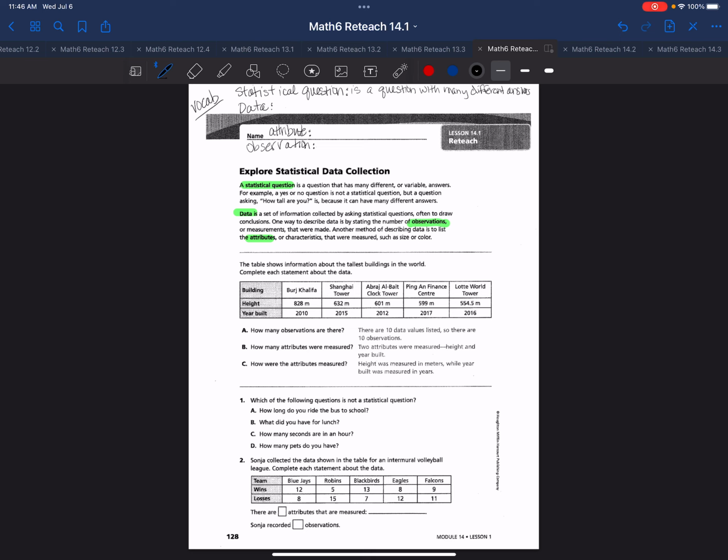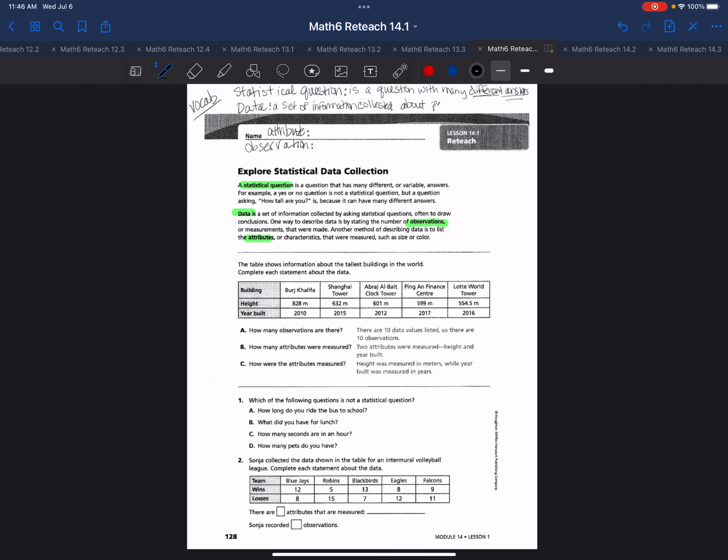But the main thing we need to know is there's different answers involved. Data is a set of information collected about people and things to draw conclusions.